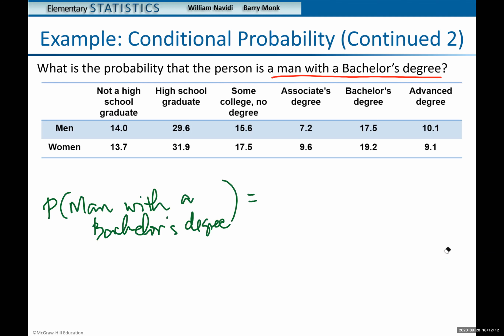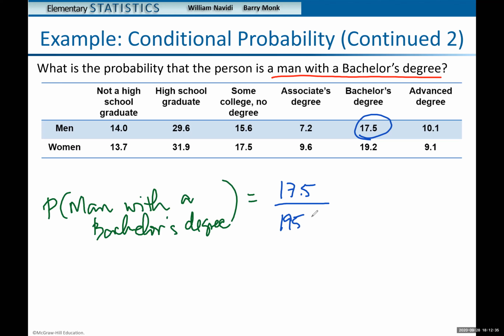So what you're going to do is just look for man with a bachelor's degree. 17.5. So that is 17.5 out of the grand total, 195.0.